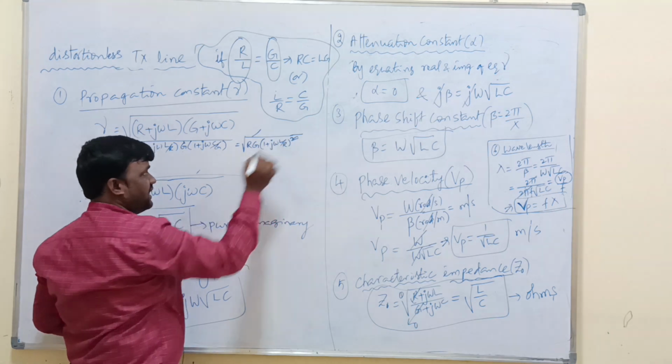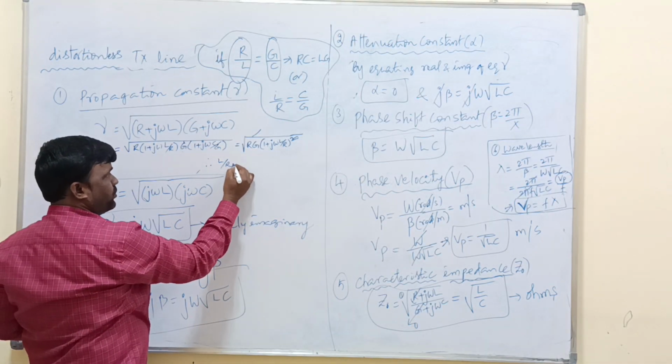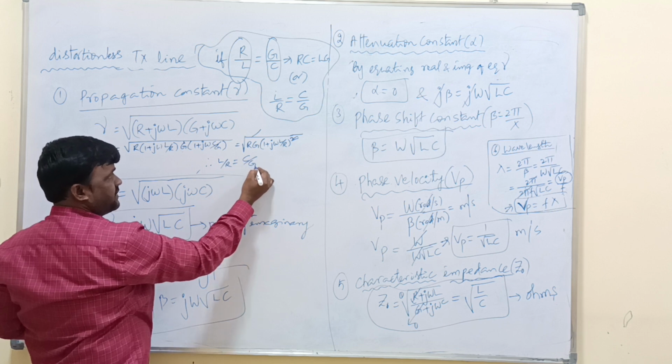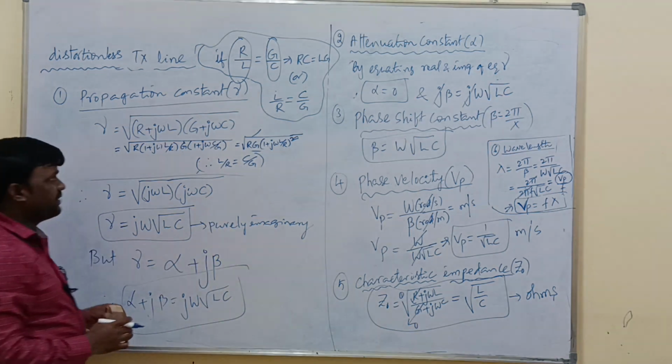This root and this square cancel, since L by R equal to C by G. Now simplify this one.